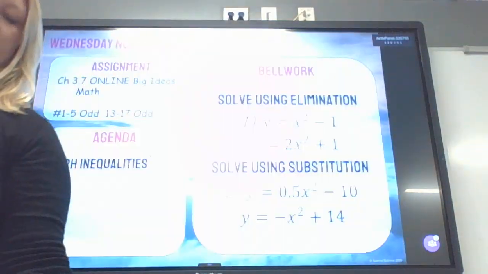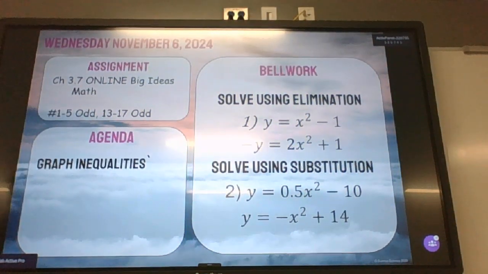All right, so if you don't want to go through the hassle of graphing, you can always do elimination or substitution. For elimination, we do a big plus sign. We add down. For elimination to work, you have to have opposite variables, either opposite y or opposite x. So this problem is really set up for you because it has the positive y and the negative y.